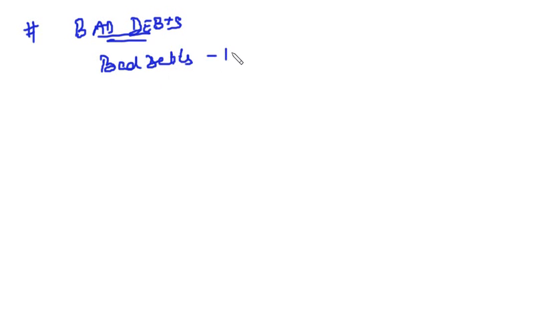Okay, I'll show you the journal entry regarding this. Let's see. If we talk of bad debts, he says bad debts 17,000. Okay, provision we have for 10,000. What is going to be the journal entry? First of all, if we have the bad debts, the value of the debtors will reduce.